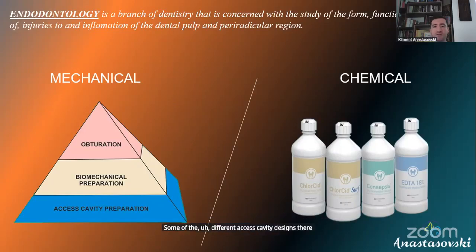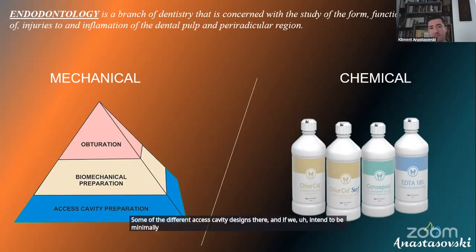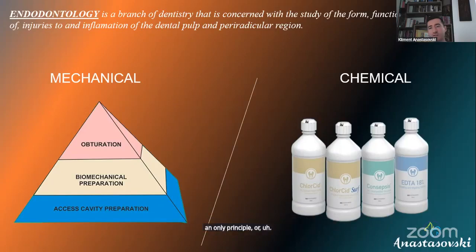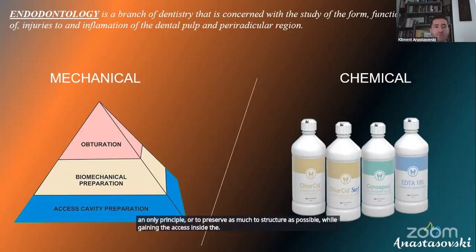And if we intend to be minimally invasive in that sense, or to practice minimally invasive endodontics, then we need to follow one principle: to preserve as much tooth structure as possible while gaining access inside the pulp chamber.